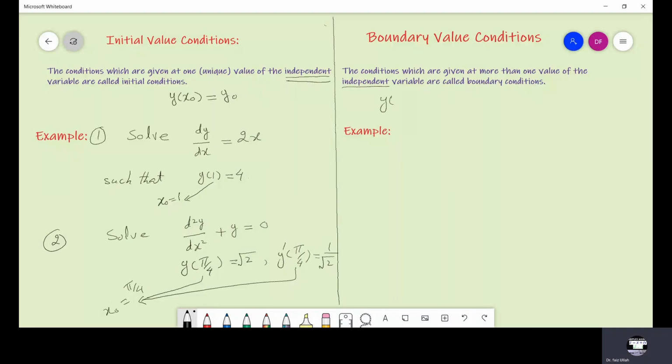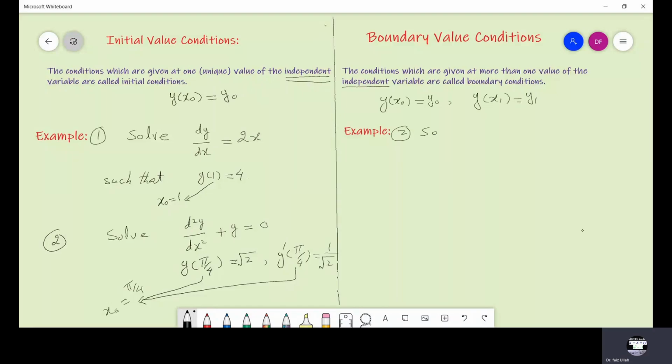We usually write y of x naught is equal to y naught and y of x1 is equal to y1. So we will see that there will be two or more than two values of the independent variable. Let us explain it by some examples.